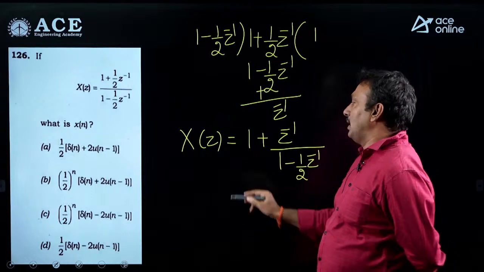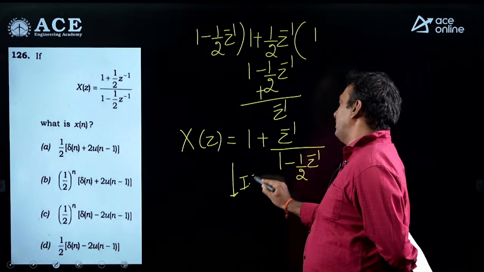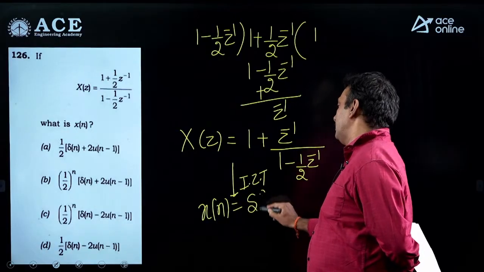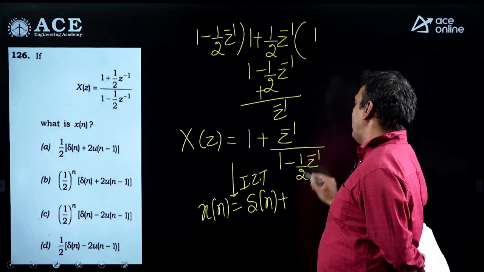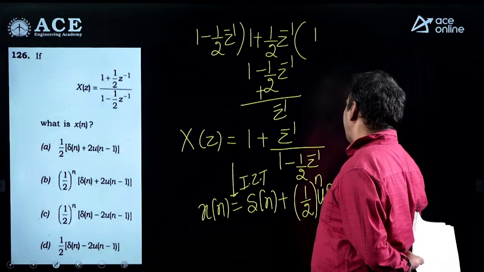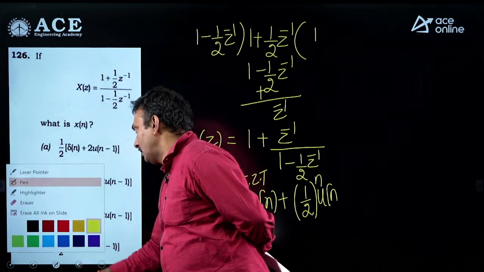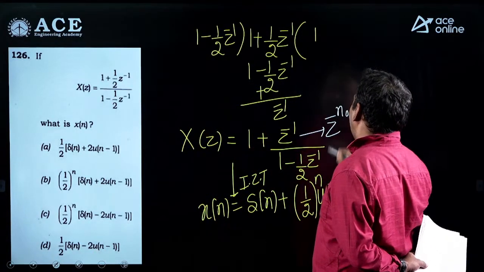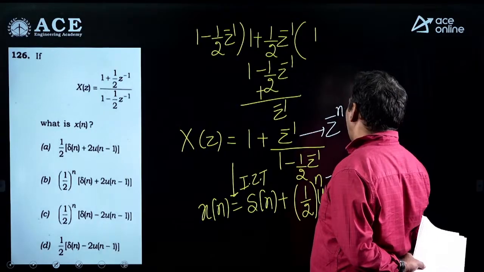Based on the standard formulas, we write the inverse. What is the inverse Z transform here? A constant in the Z domain is delta n. This is 1 by 1 minus a Z inverse, a power n u n. The extra Z power minus 1 indicates Z power minus n naught form, causing a shift of one sample.